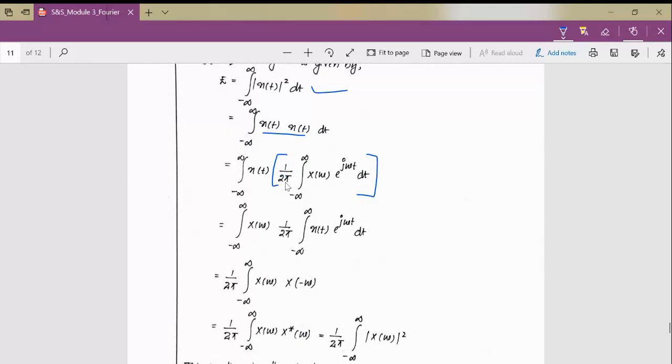Then we are interchanging the integrals, so it will become integral minus infinity to infinity x of omega, 1 by 2 pi integral minus infinity to infinity x of t e raised to j omega t dt.